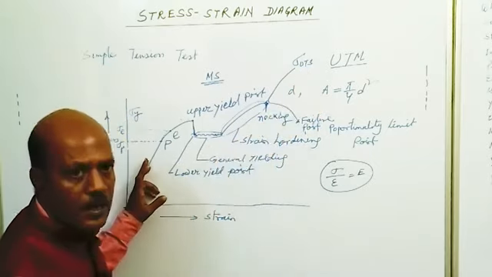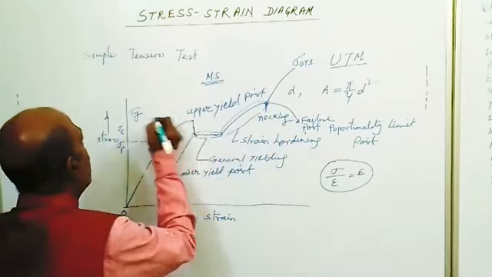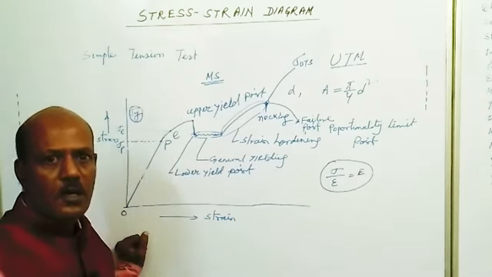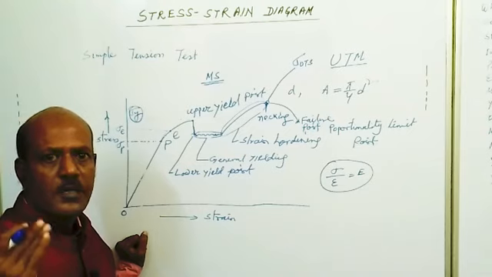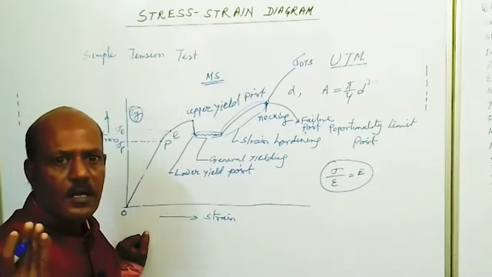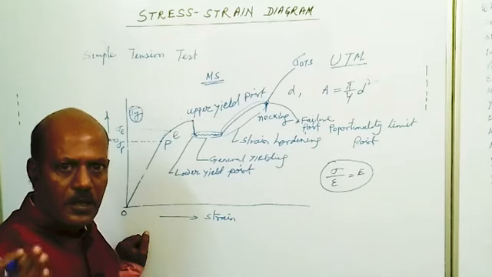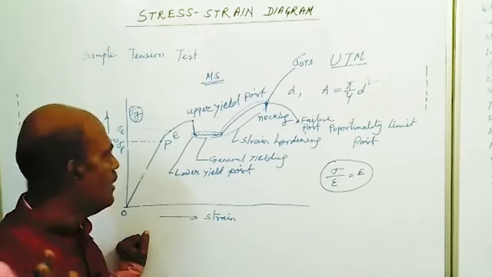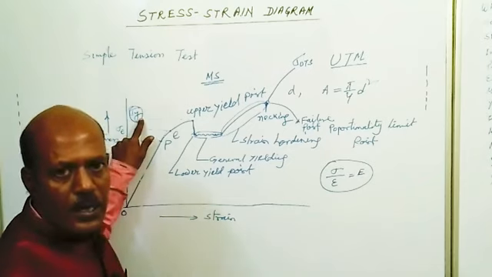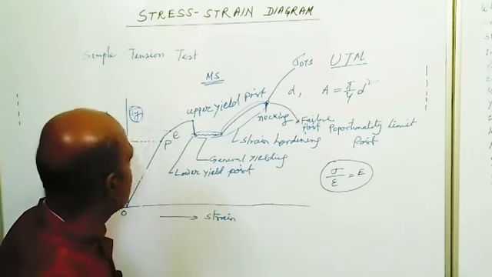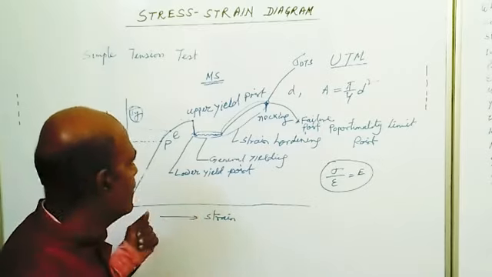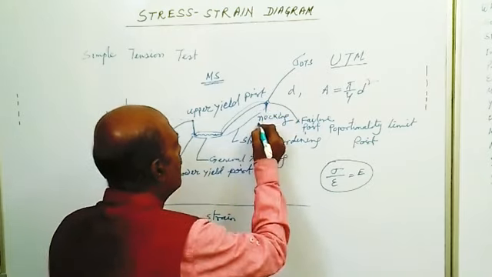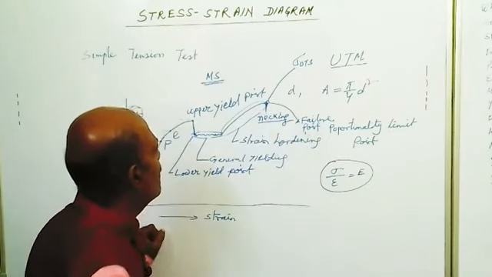But in mechanical engineering, we consider sigma Y as the strength of the body, because if any permanent deformation takes place in the body, then as per our consideration, that body has failed. So that's why we consider sigma Y as the strength of the body in mechanical engineering, but the actual strength is sigma UTS. And at this point, one phenomenon takes place, that is called necking.